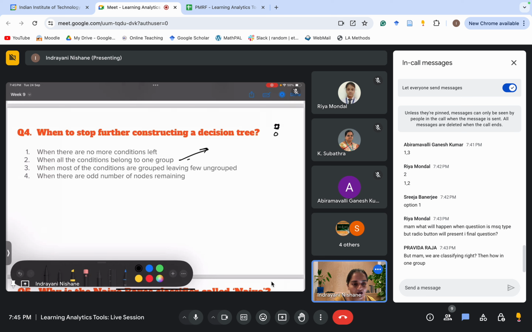Okay, we are classifying. Then how in one group? We are classifying, so we are considering conditions. Yeah, so conditions would be how much marks a particular student has scored. If our condition is dependent on that one feature, that student's marks, one condition which we can generate is greater than 50, less than 50.